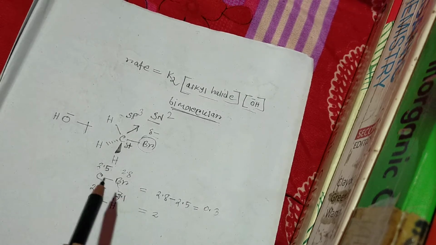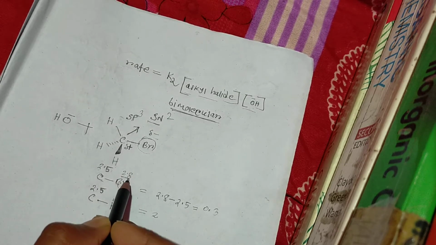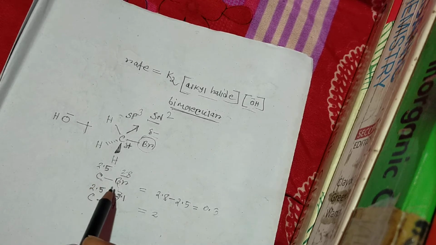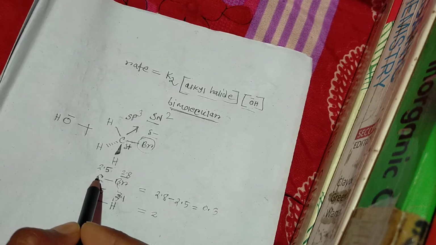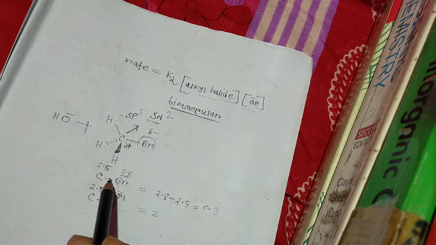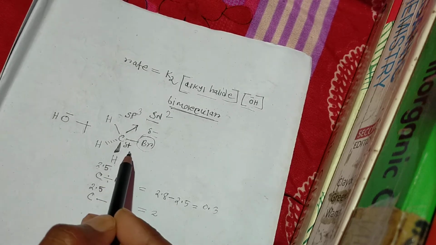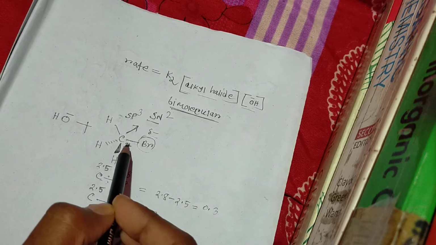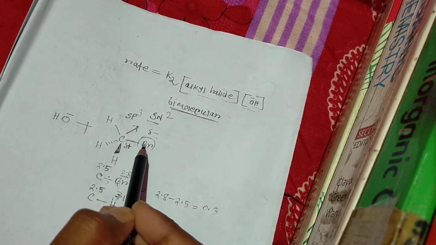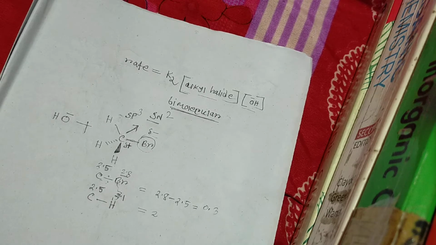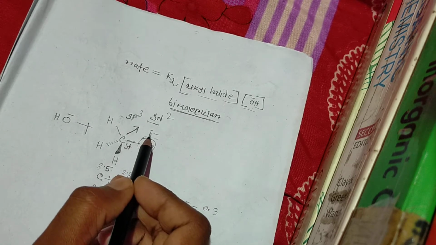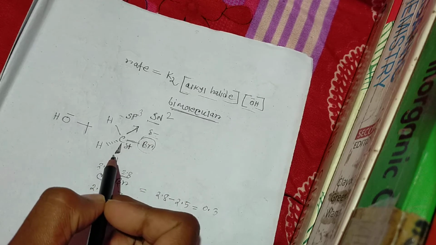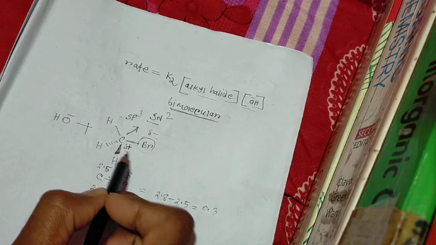The electronegativity of the bromine atom is 2.8, which is higher than carbon. That's why the bonding electrons are pulled towards the bromine atom. So bromine gets a delta minus charge and carbon gets a delta positive charge.